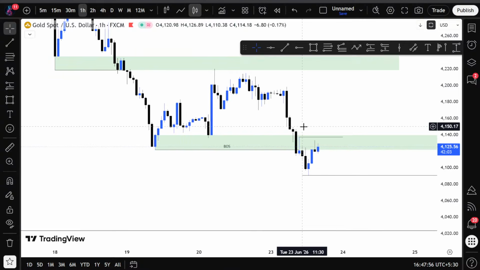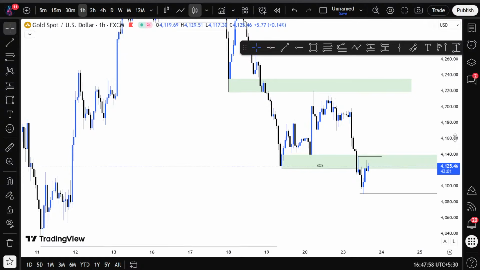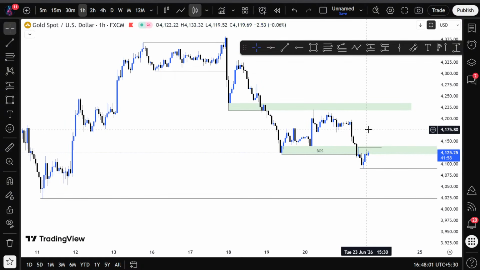And as we know, in 1-hour time frame, this is our main 4-hour rejection area.